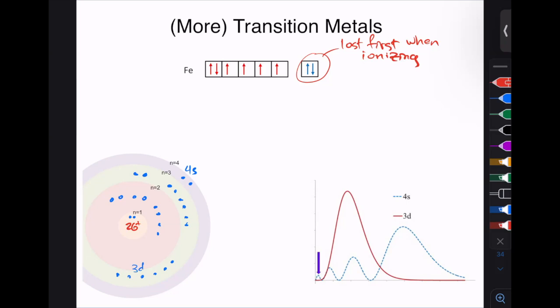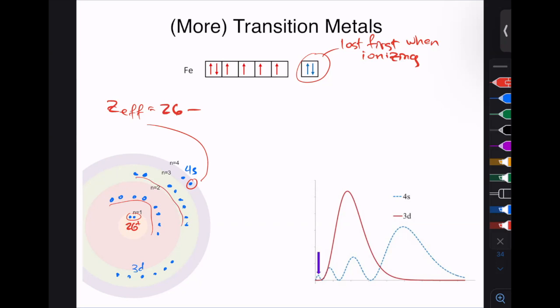If I pick on any of these 2 4s electrons, the effective nuclear charge is going to be the number of positive charges in the nucleus, so that's 26, minus what's the shielding now? Well, it's more than 10. We've got 2 here. We've got another 8 here, so that's your 10. But then we also have another 8 here.